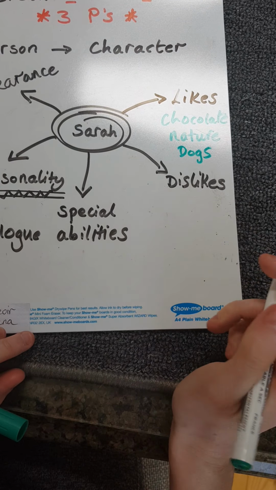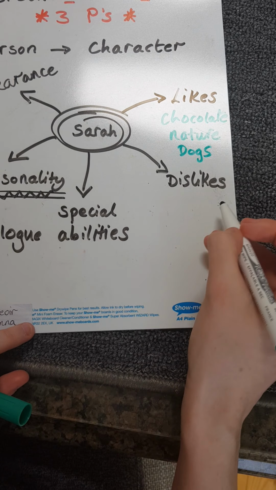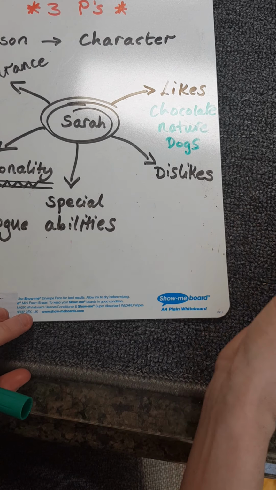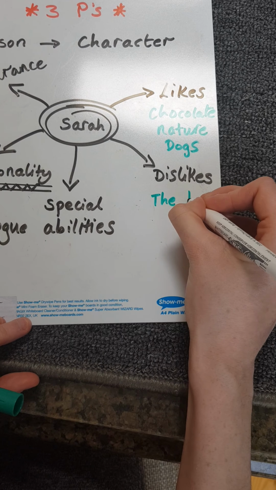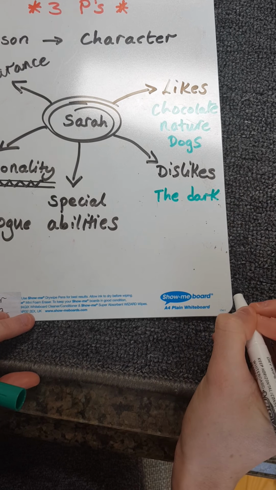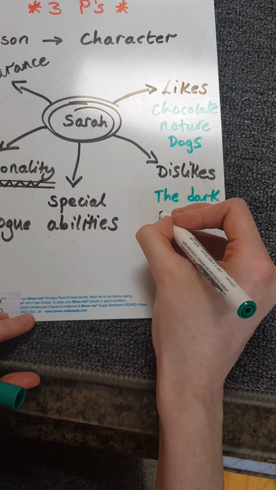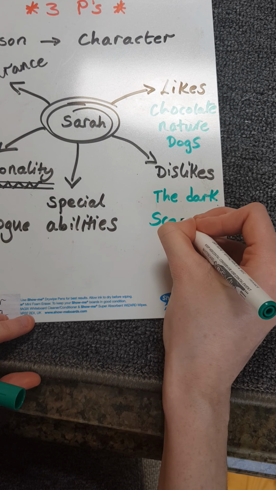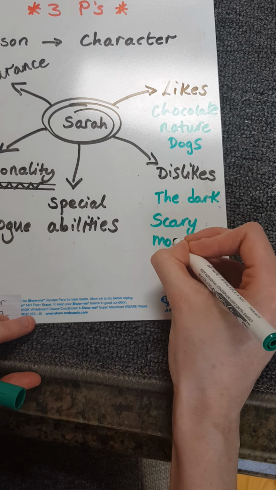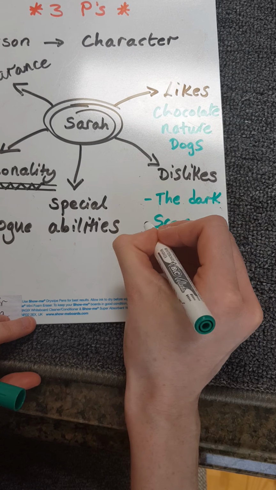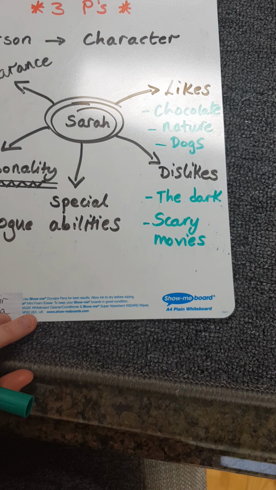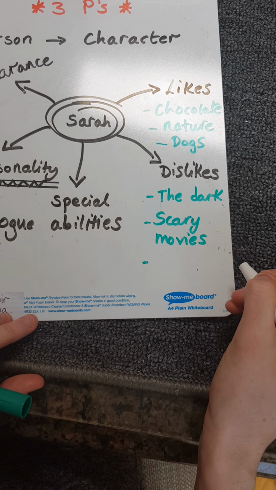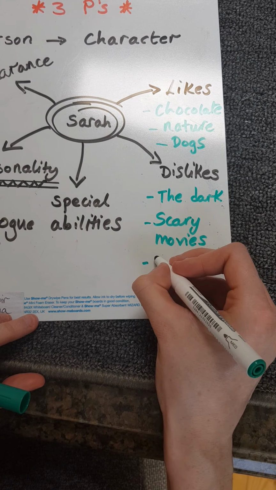Just something that you think your character might like. Dislikes. My character dislikes the dark. She dislikes scary movies or TV shows. I can put a little line beside those so I know that they're different. And she also dislikes Brussels sprouts.